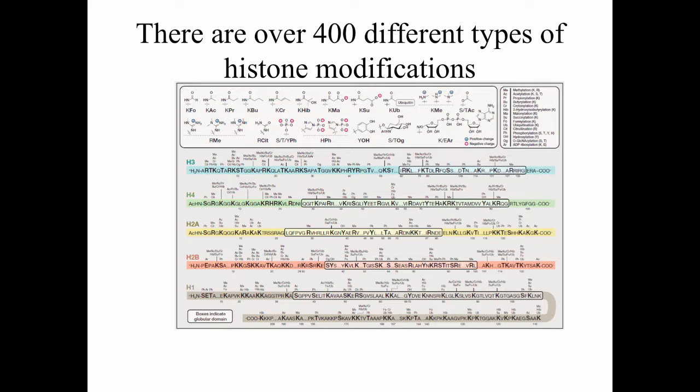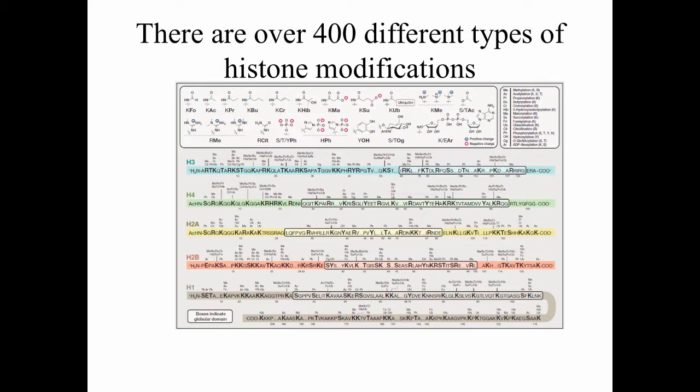Okay, so if you consider that there are five types, actually more than five types if you consider all the different isoforms of histones, quite a few different isoforms. But here's H3, H1, H2A, H2B, and H4, and all the different modifications that can occur on the histones, including the tail and the rest of the core structure.